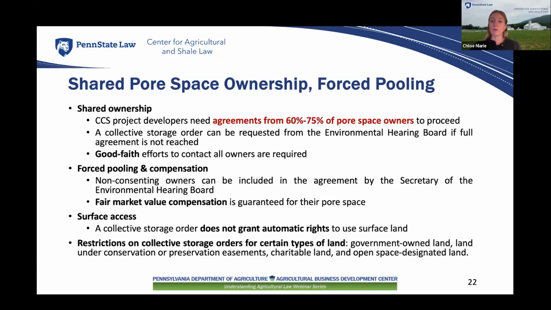And this includes government-owned land, land protected under Pennsylvania's Conservation and Preservation Easements Act, land owned by charitable organizations dedicated to conservation, agriculture, recreation, or preserving natural, historical, or cultural features, and land designated as open space under Pennsylvania's Open Space Act.